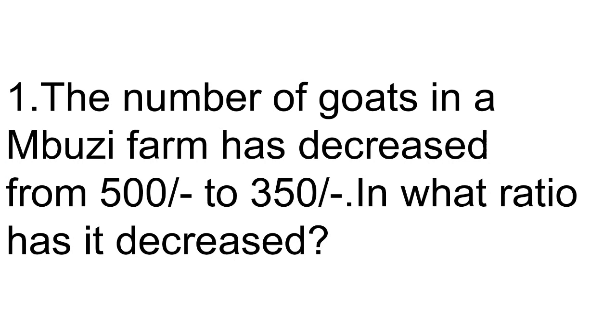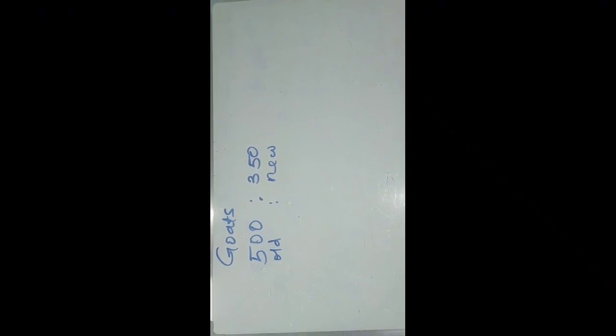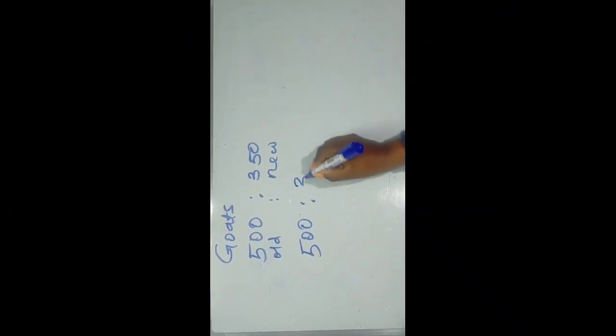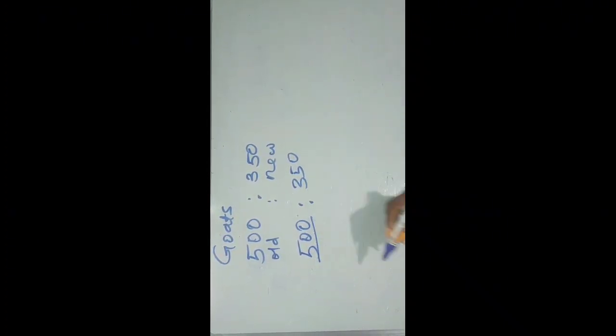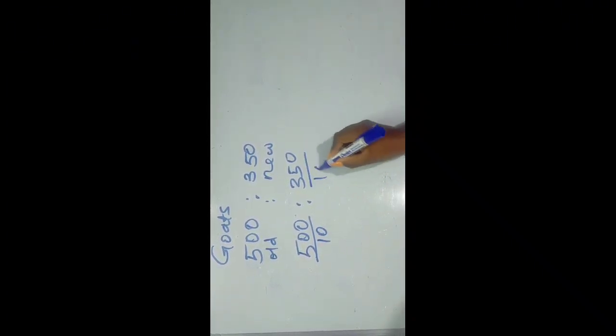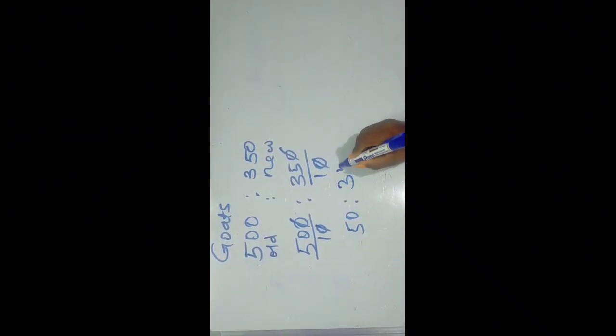Another one. The number of goats in a goat farm has decreased from 500 to 350. In what ratio has it decreased? Goats have reduced from 500 to 350, and this gives us this ratio. Let's divide first by 10 over 10, giving us 50 is to 35.